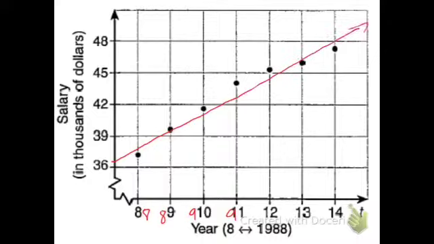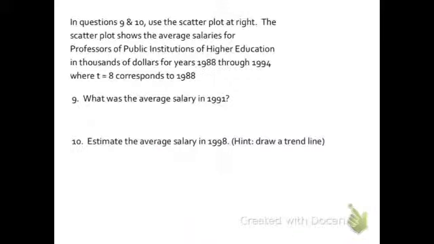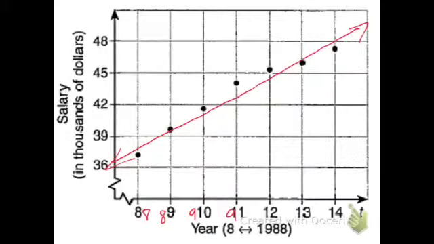It looks something like that. 91 is going to be about here. We're looking at maybe 43,000. So that, yeah, is about 43 for that point there. That'd be like the point 11, 43.